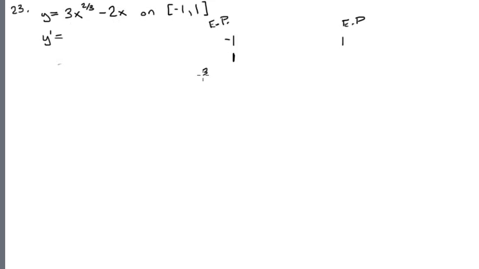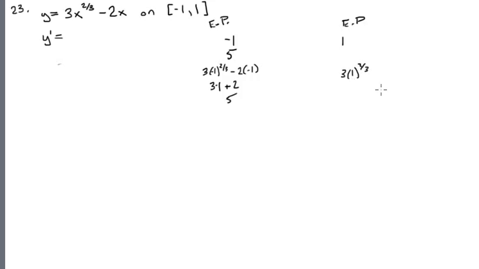So it's 3 times -1 to the 2/3 minus 2 times -1. So it will be 3 times 1 plus 2, which is 5. So this endpoint is 5.